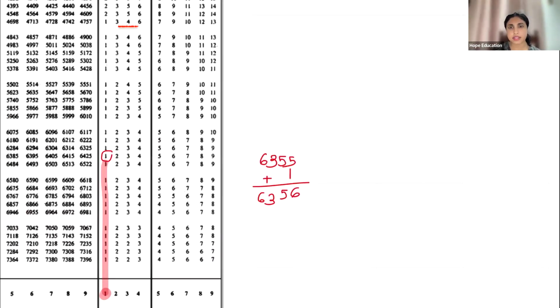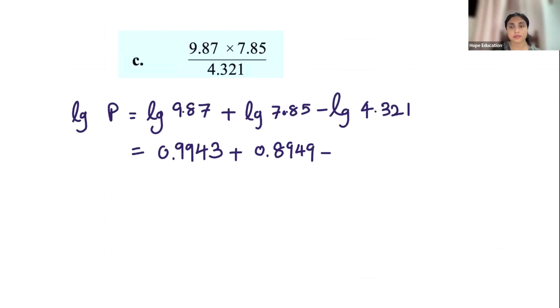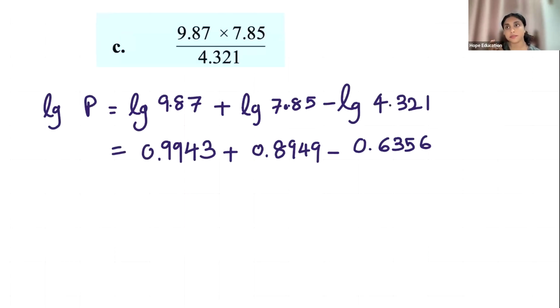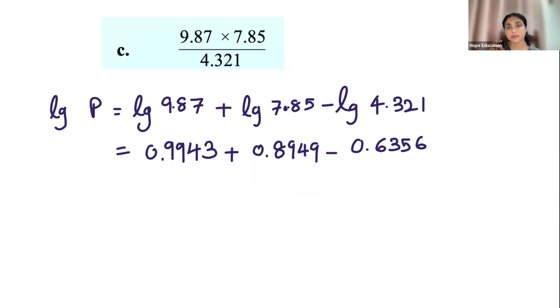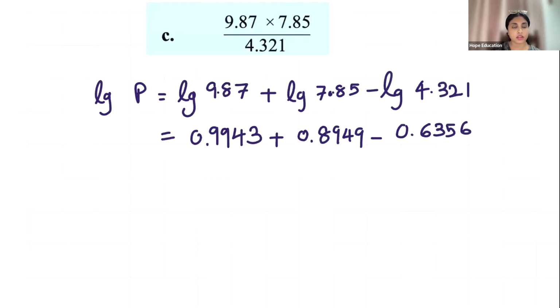6356. Is it clear? Okay, so I will write 6356. Default position, okay, my decimal place, so I put 0 point. Pasindu, is it clear to you how to read the log table? 4321.